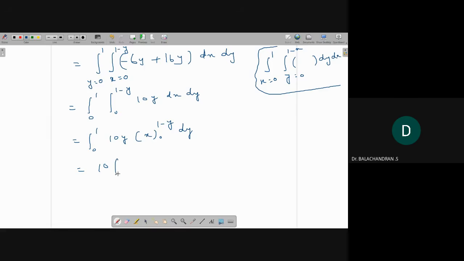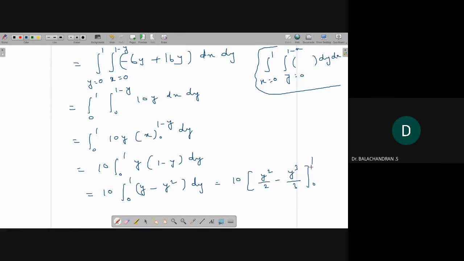So 10 into the integral 0 to 1 of y into the upper limit 1 minus y, lower limit 0, into dy. So this equals 10 into the integral 0 to 1 of y minus y square dy. If you integrate this, you get y square by 2 minus y cube by 3, with limits from 0 to 1.